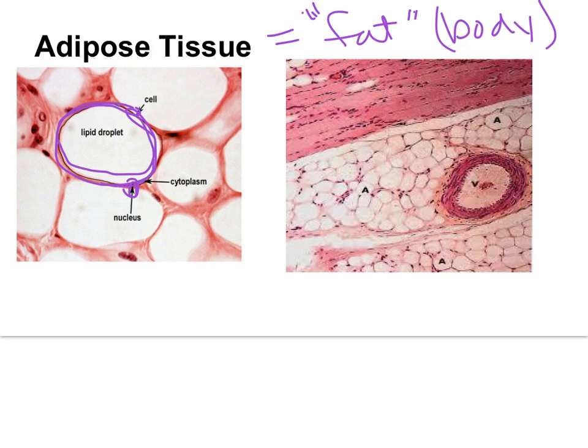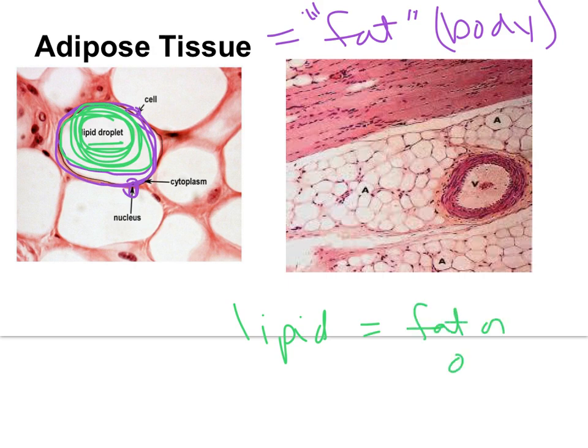And most of what takes up the space in adipose tissue is this big drop of lipid. Lipid is actually the dietary fat, so a fat like butter or oils are lipids. And this is a storage. Adipose tissue is for storage because we use this type of fuel to be able to run our body.